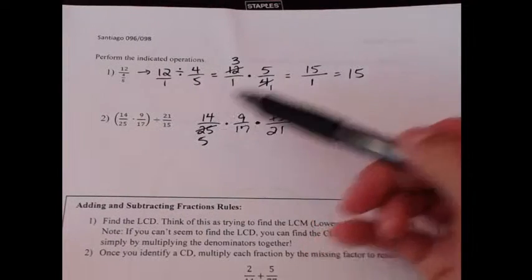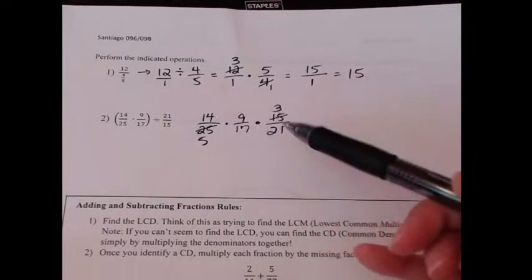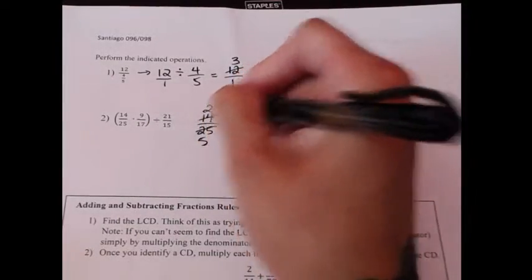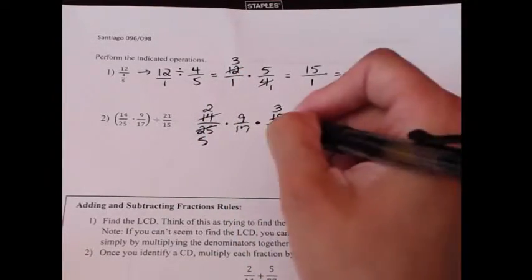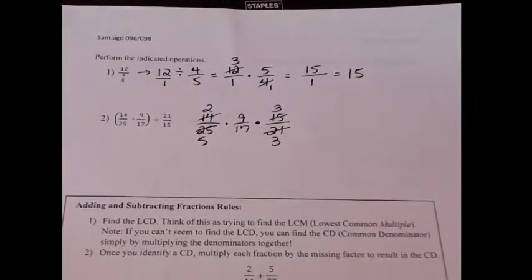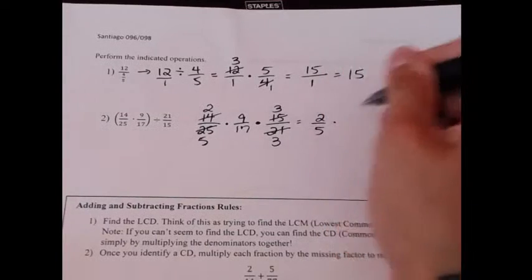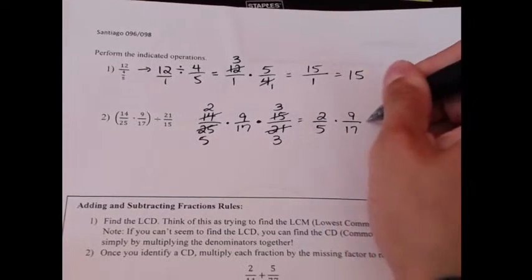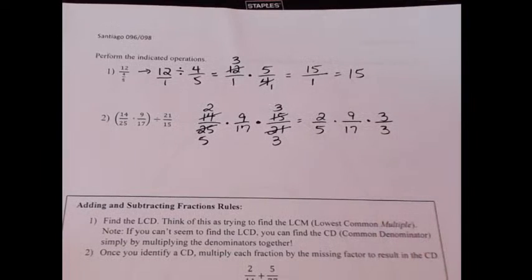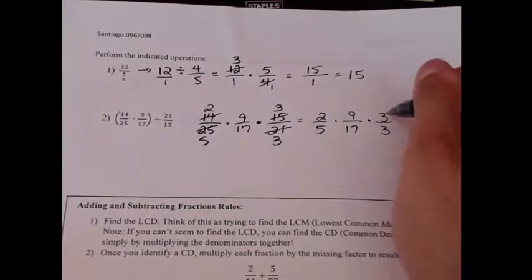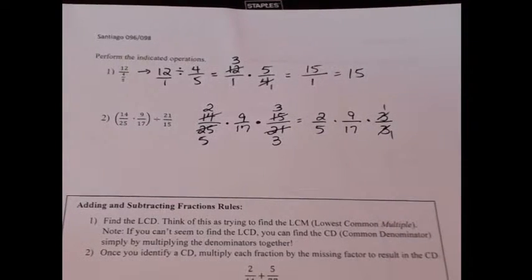So if I'm looking at this 14 and 21, the 7 is jumping out, right? 7 goes into 14 twice. 7 goes into 21 3 times. Let's rewrite. It's a little messy. 2 over 5, 9 over 17, 3 over 3. Okay, in this case, right away, my eyes are drawn to this 3 divided by 3, which will leave us with 1s.